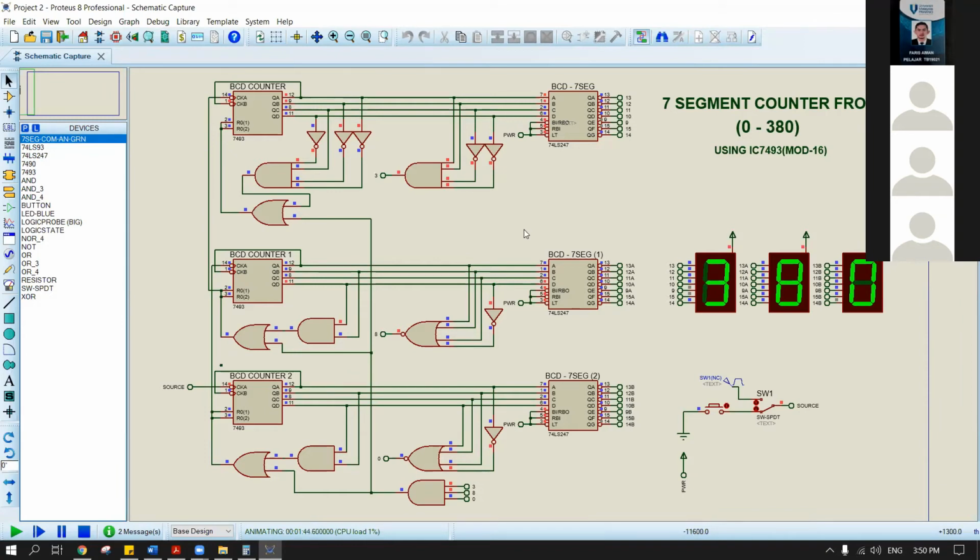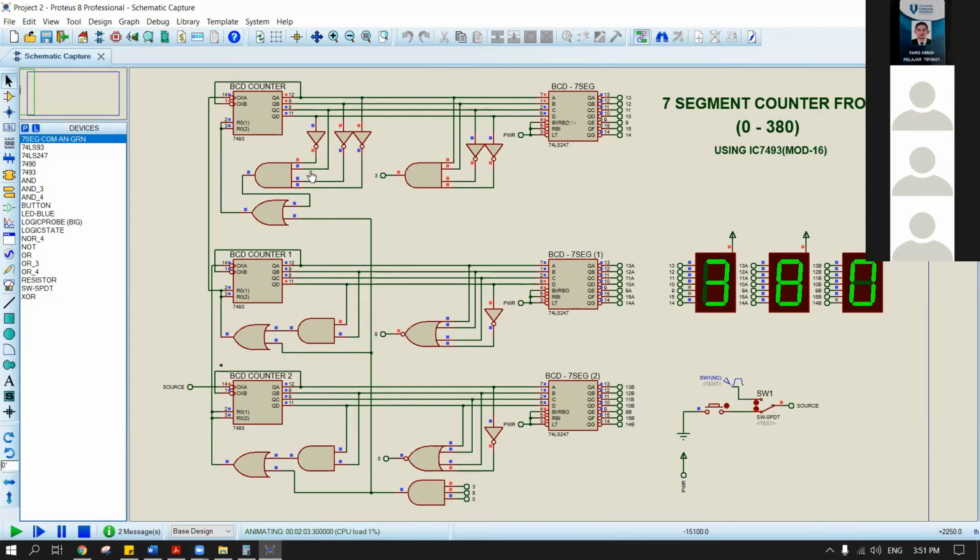And for this IC, the mode is 16. So it will count from 0 to 15, right? That's why we have to put this gate on the left side for each IC. The main function of the gate is to limit the count from 0 to 15.